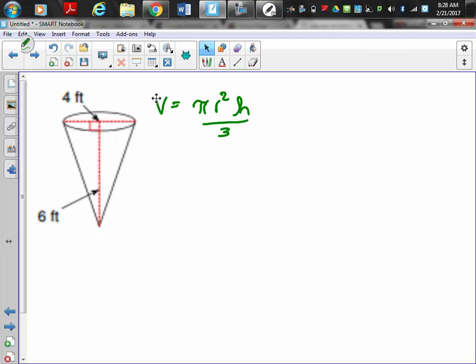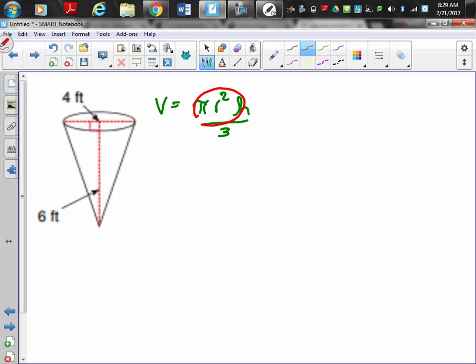We talked last week that the volume of prisms and cylinders is nothing more than the area of the base times how tall it is. So have we changed anything here? It's still the area of my circle times the height. The only thing different is we're dividing by 3.